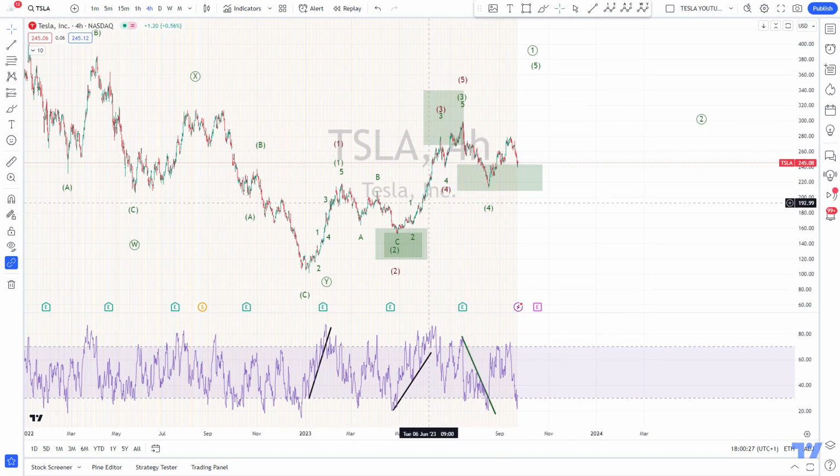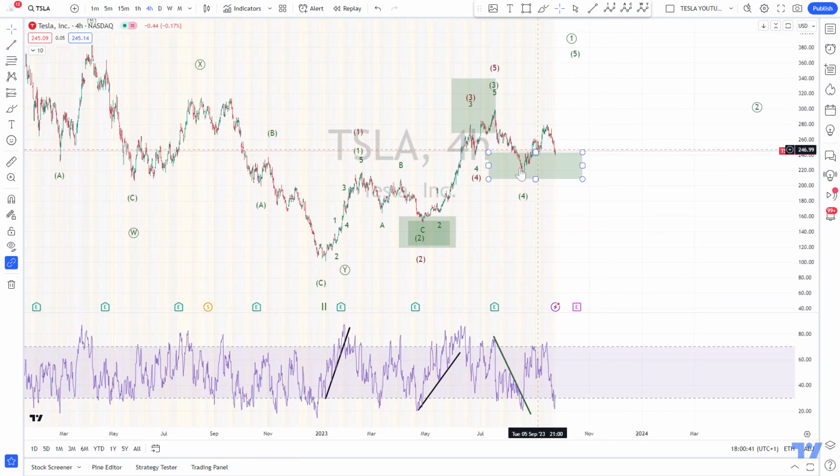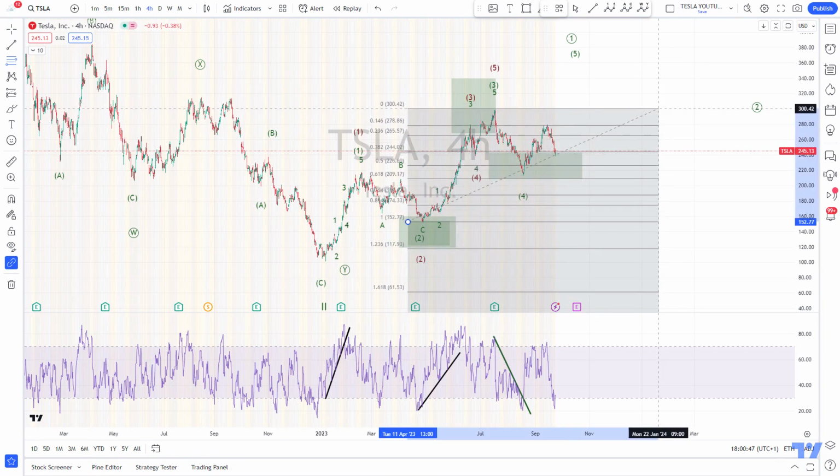And then the primary one is saying that this was only the wave 3 here, and that we now had a wave 4. I actually think that the wave 4 is also in here. So we know about the wave 4 that it should go into the area if we take the length of our wave 3. So we start with the end of wave 2, which is the beginning of wave 3.